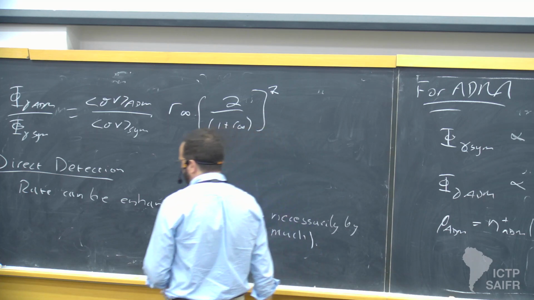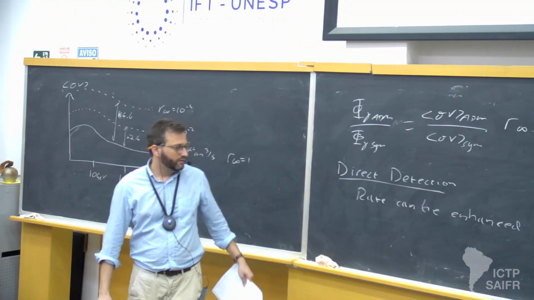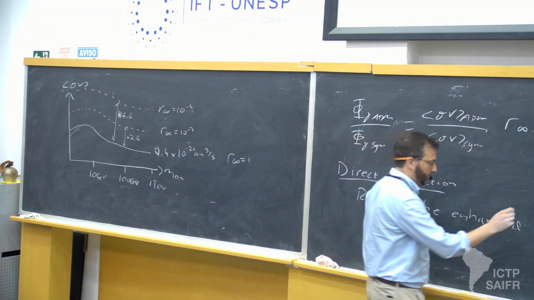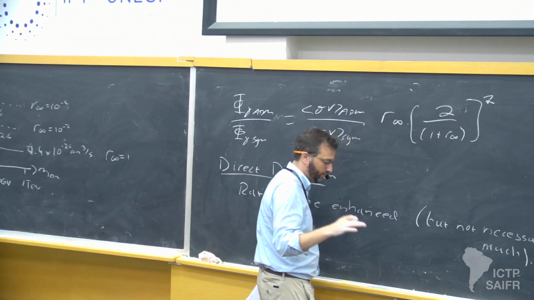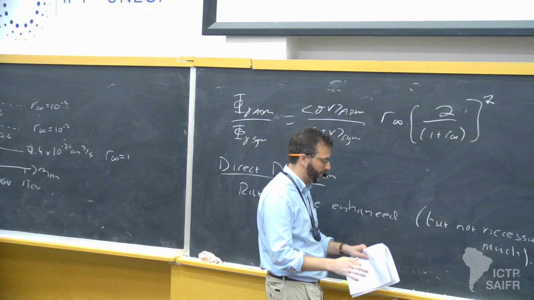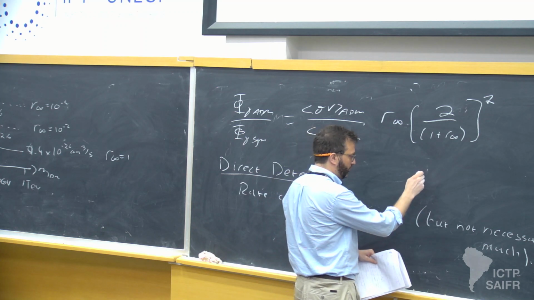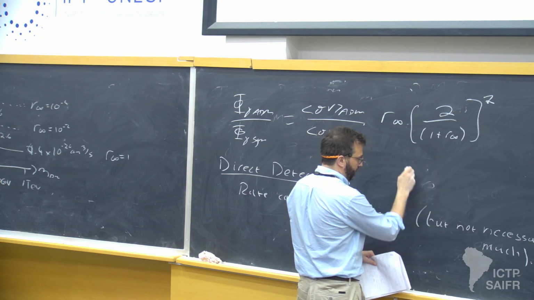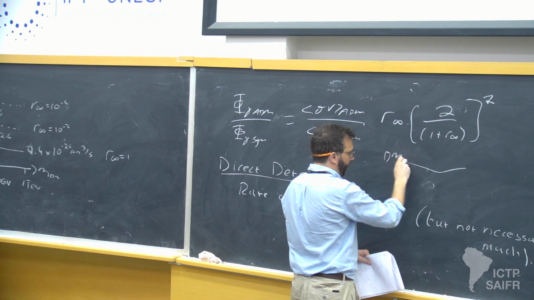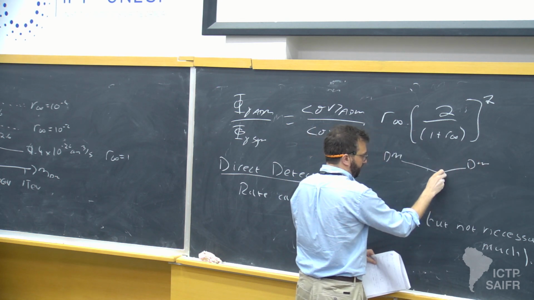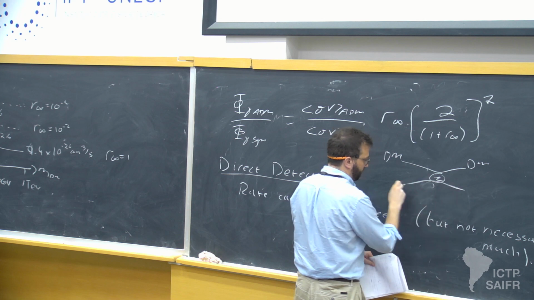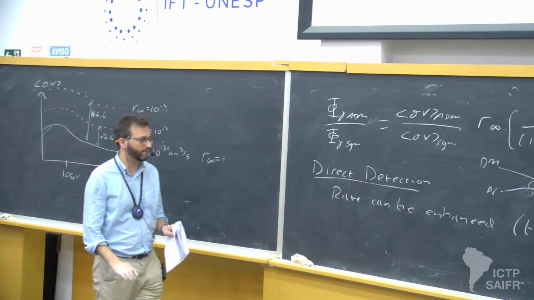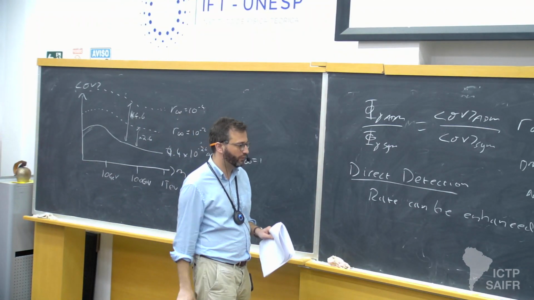Okay, so how to see this? For those who don't know what direct detection is, typically you have an experiment in a low radioactive environment, deep underground, where you look for dark matter coming in and scattering off a nucleon, and you look for the nucleon recoil.